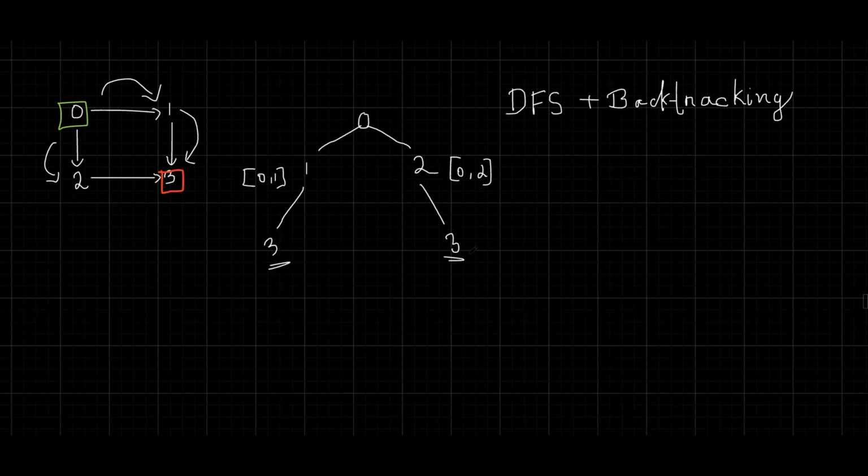Yes, both values are equal to 3. That means we have reached the destination. So what is the path so far? For this path, it will be 0, 1, 3. And for this path, it will be 0, 2, 3.